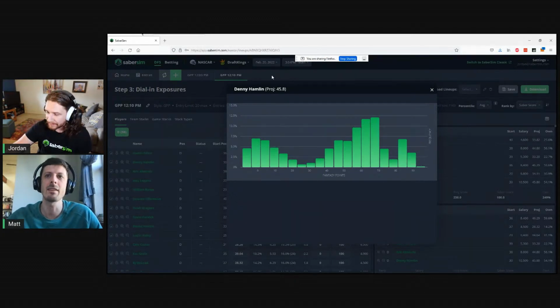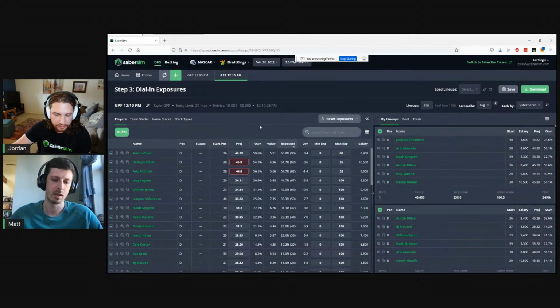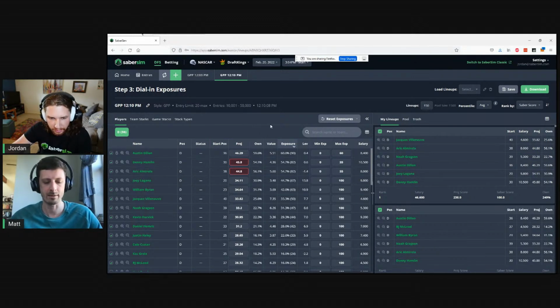So yeah, on that note, I want to bring up that one of the big improvements we're making to the model is improving the way that laps led and fastest laps are impacted by the race and by the track.